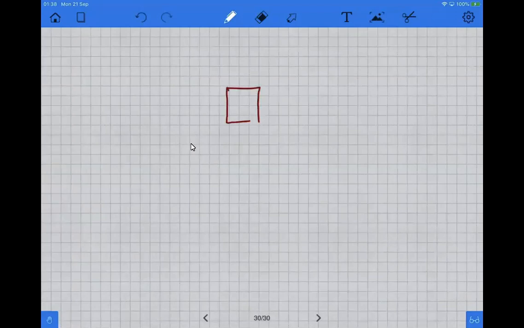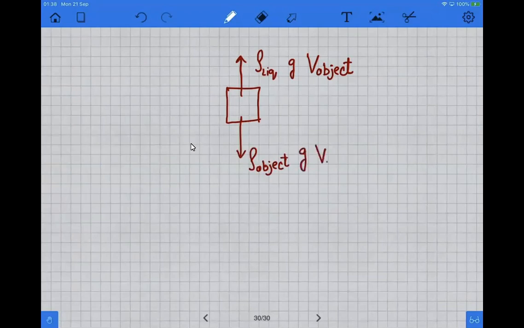There are two forces on the object. One of them is the upthrust, which is equal to density of the liquid, g, and volume of the object. And the other force is density of the object, g, and volume of the object.